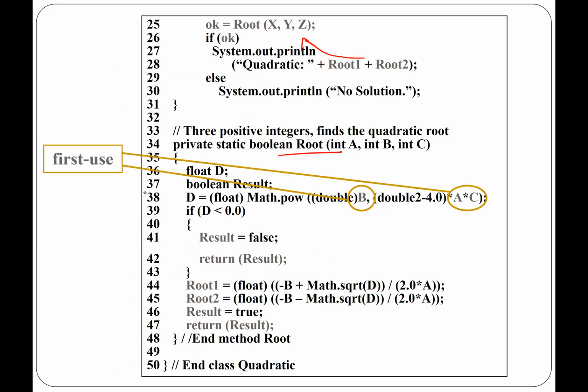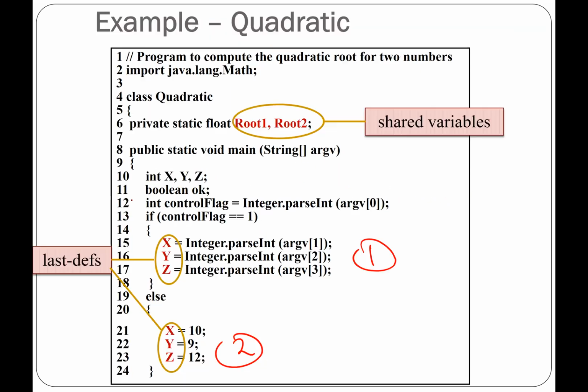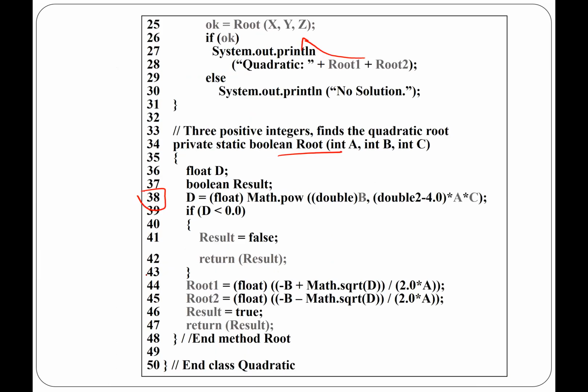So this is line 38, and over there was lines 15, 16, 17. We'll call it 1 and 2. So 1 could have been coming over here, and 2, we have 2 situations over there.